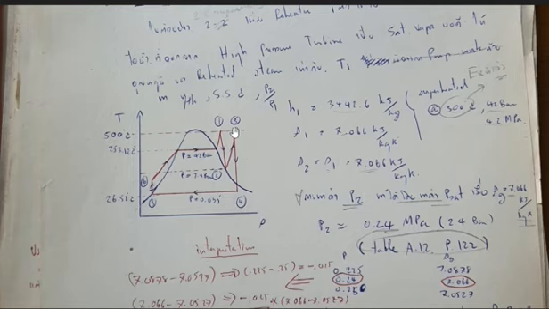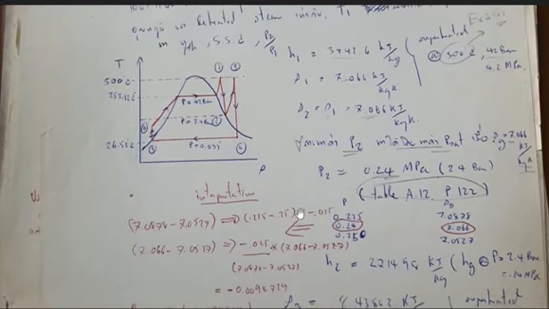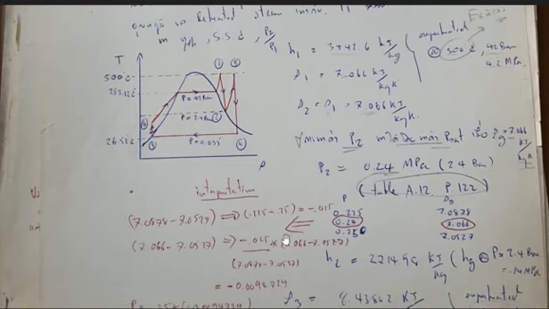You can see that it's a straight line coming down. No changes in entropy. So we know that S4 equal to S3. We know the value of S3, so we can determine the value at S4. We know S4, and then we can use that to find enthalpy or H4.